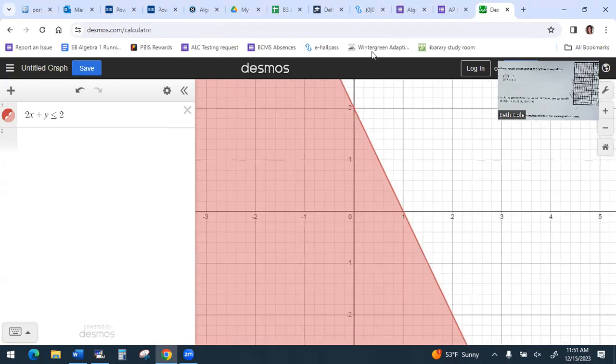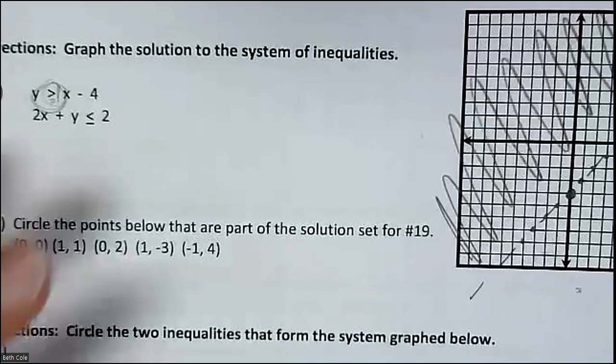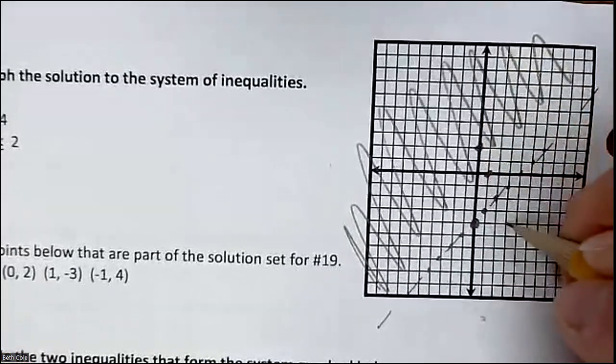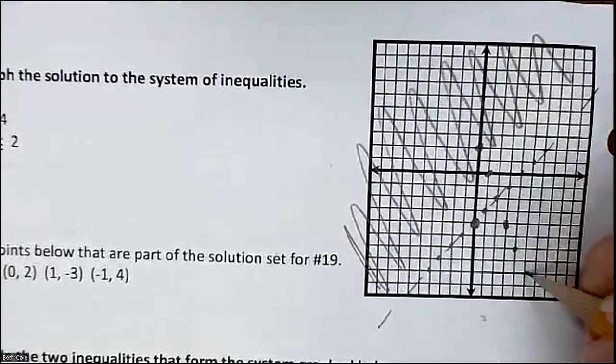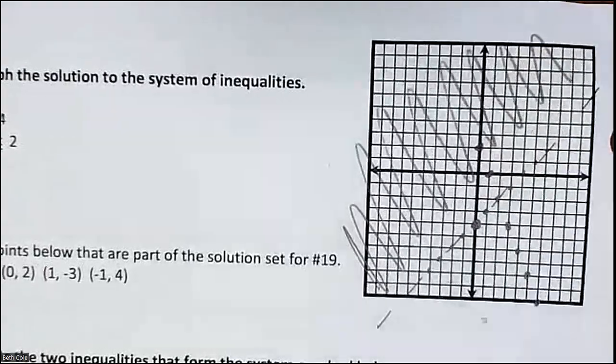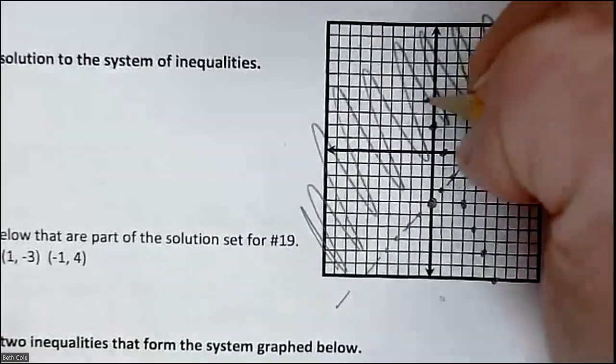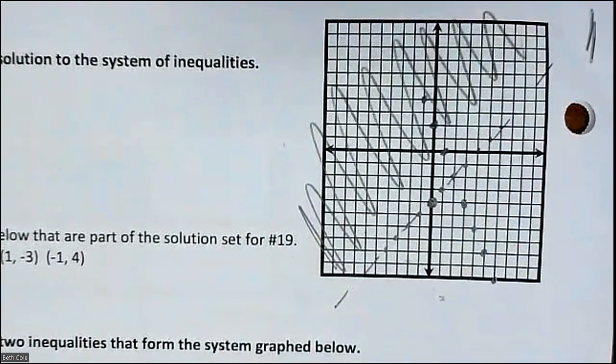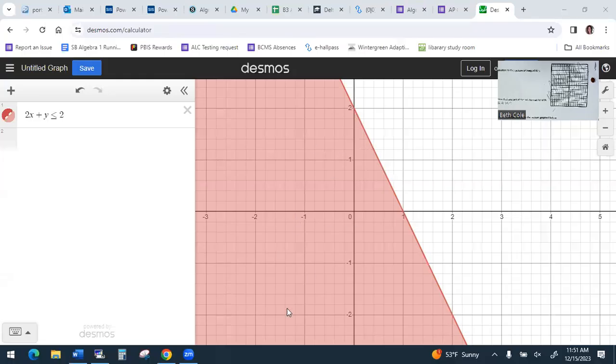All right, so start at 2, and then you're going to go down 2 over 1, down 2 over 1. And this one was solid. And then let me see where it was shaded. Solid, and it's shaded on the below side.